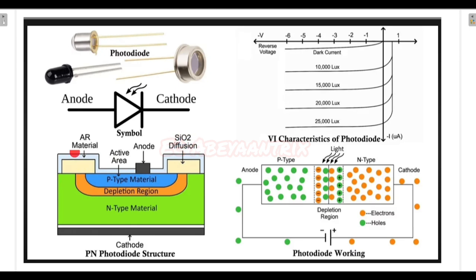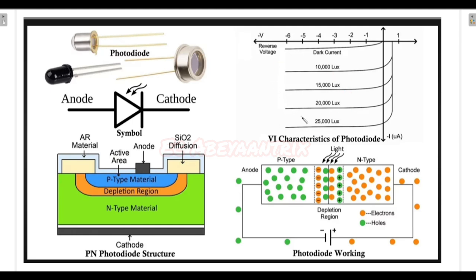The purpose of this anti-reflective material is that we have to get the light or the photons incident on a particular layer only. We need not get the light incident on the entire layer. Hence, anti-reflective material is coated above this, and this is the active area. And the other concepts are similar to a PN junction diode only, right?